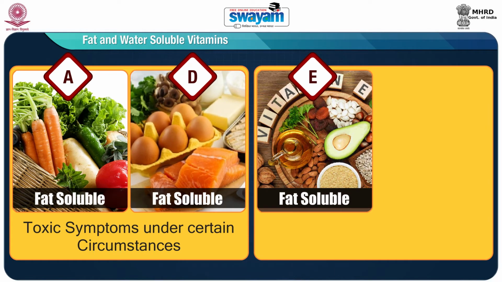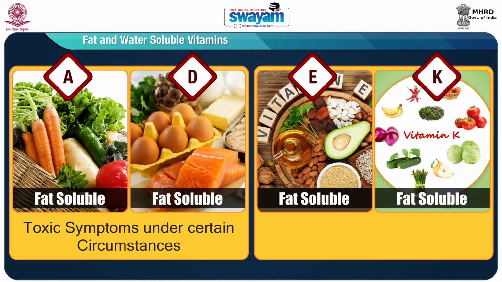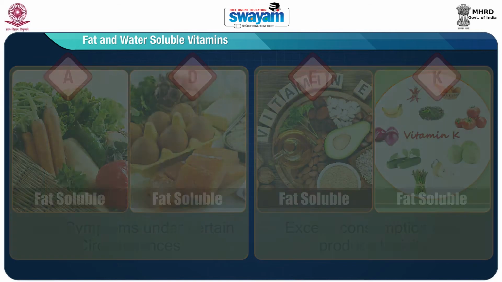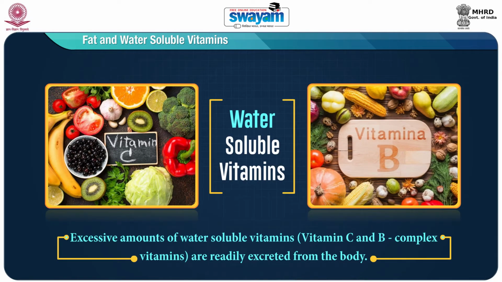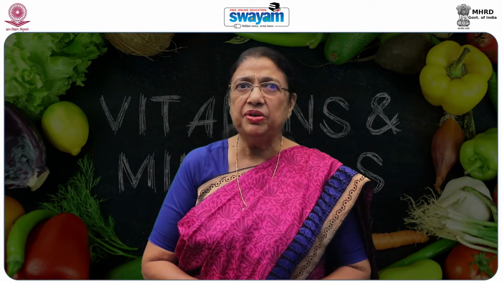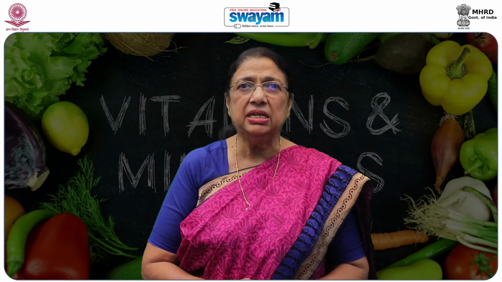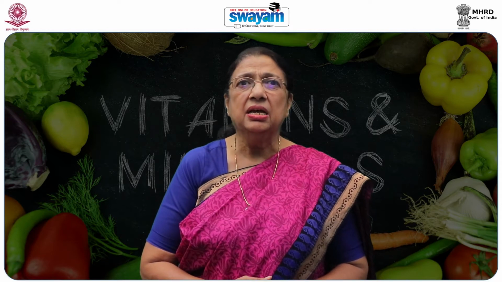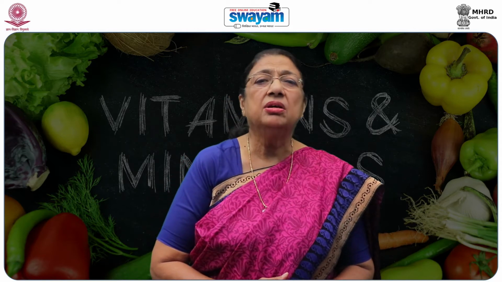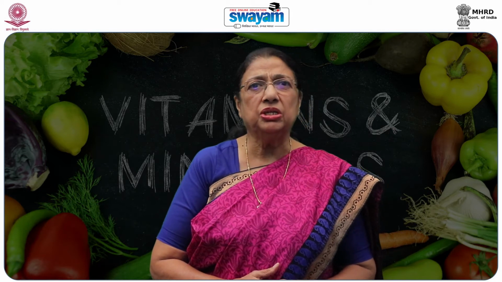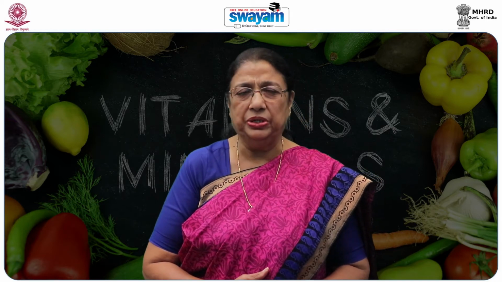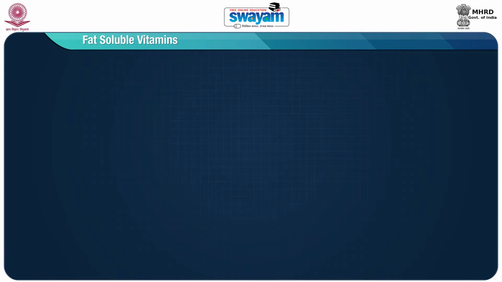Vitamin E and some form of vitamin K also may be toxic. Excessive amounts of water soluble vitamins, that is vitamin C and B complex vitamins, are readily excreted from the body. A brief review of vitamins, their significance in diseases and their health benefits beyond the physiological role are discussed in this module. Now, let us first take up fat soluble vitamins.